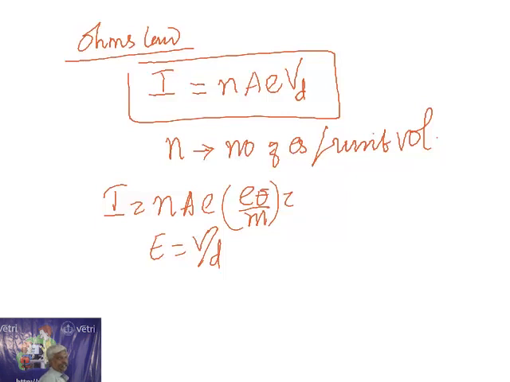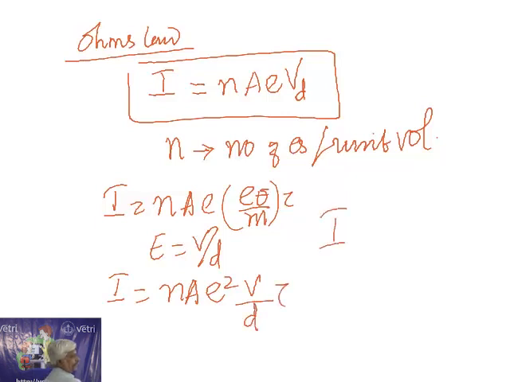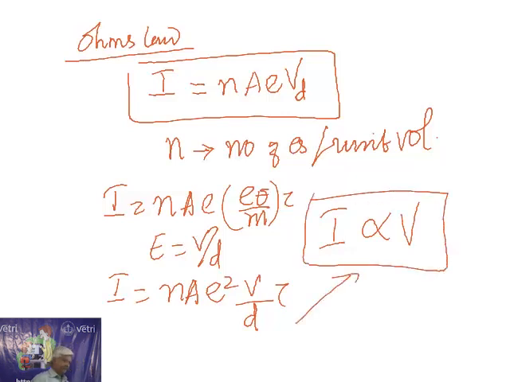Therefore I becomes nAE squared V by d into tau, or I is proportional to V. Because n, A, E, d and tau are constant here: the number, the charge of an electron, the distance between the two metal plates, and tau are all constants. Therefore, the current is directly proportional to potential. This is called Ohm's law.